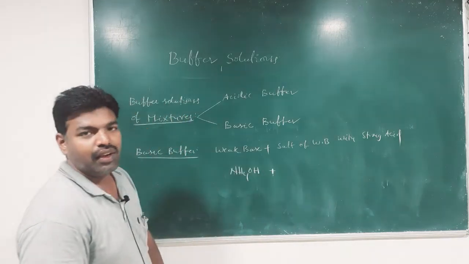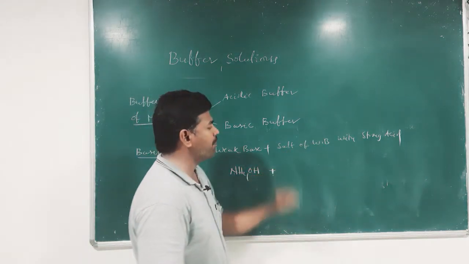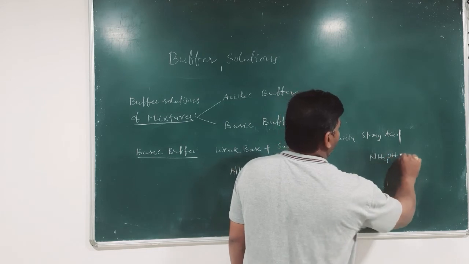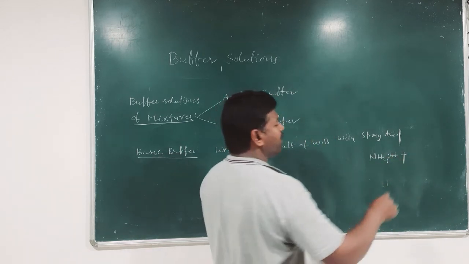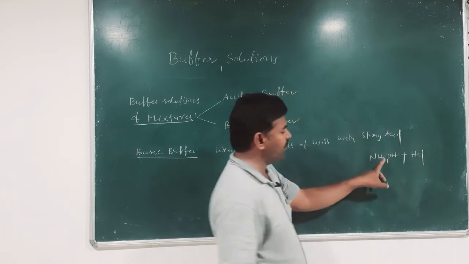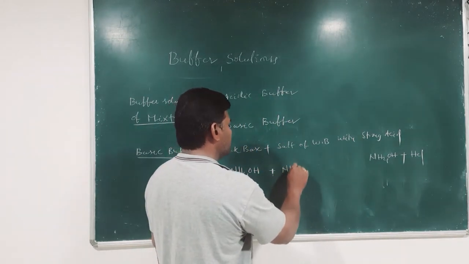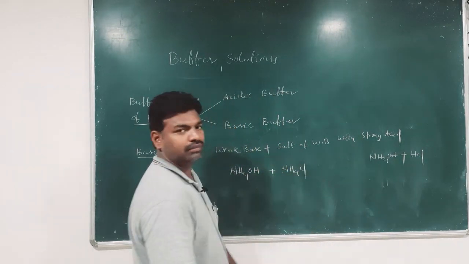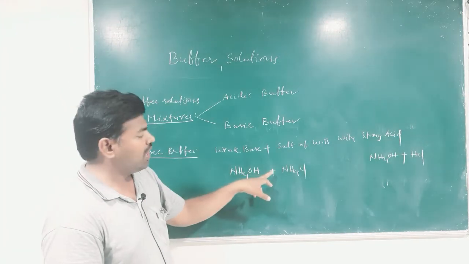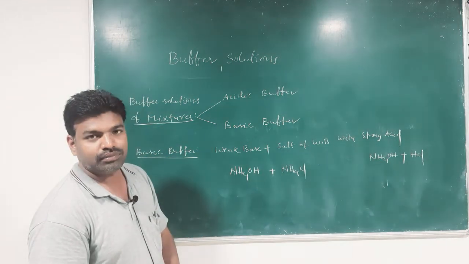An example of a strong acid is HCl, and the salt formed from the weak base and the strong acid is NH4Cl, ammonium chloride. So a mixture of ammonium hydroxide and ammonium chloride forms the basic buffer.